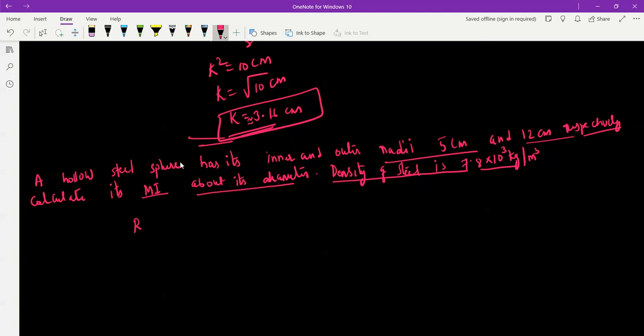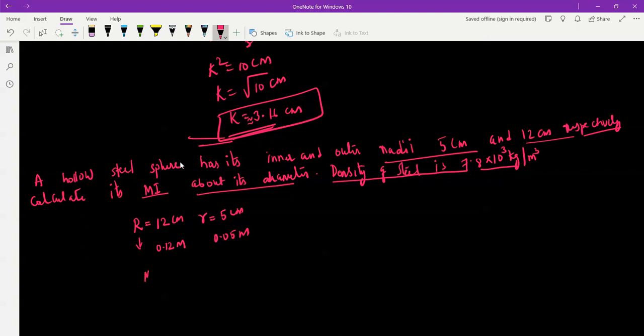So they have given outer radius, let me just take it as capital R, and inner radius as small r. So 12 centimeter and 5 centimeter respectively. So now if I convert this from centimeter to meter, that will be 0.12 meter and 0.05 meter.